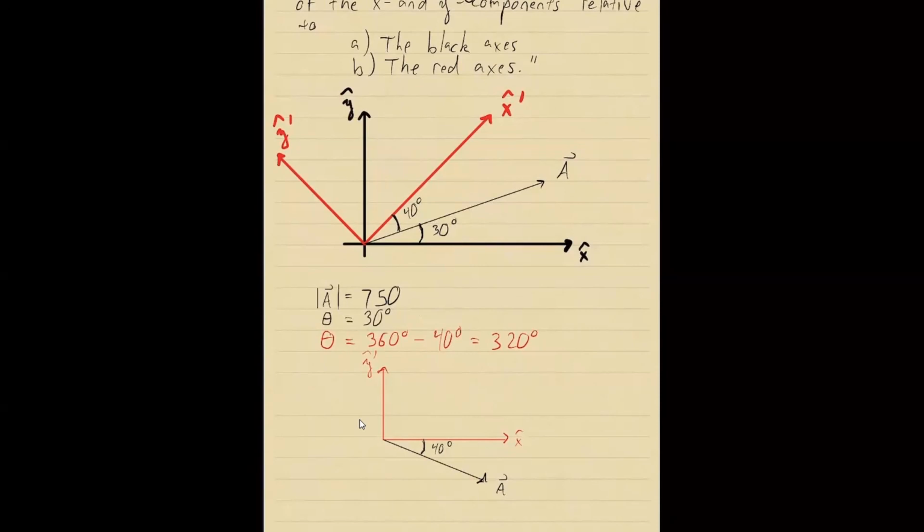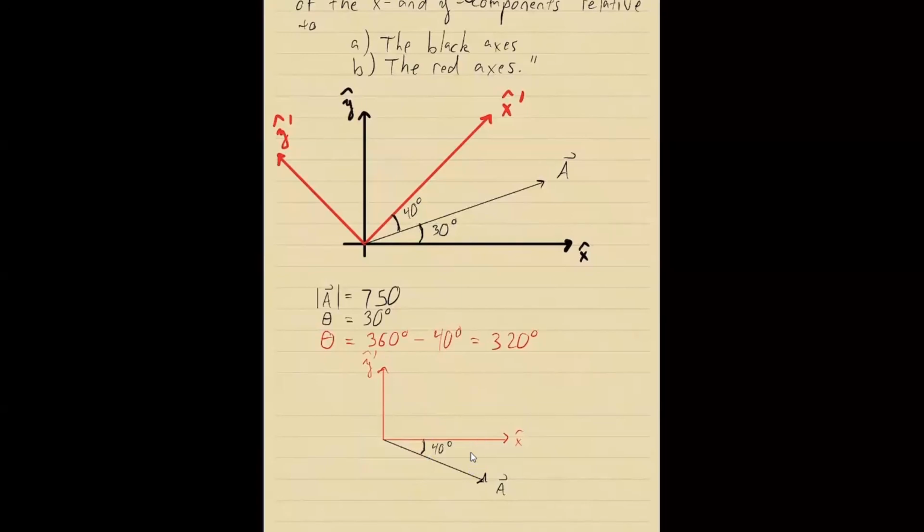The reason I bring this up is because we can count our vector A as being 320 degrees if we go counterclockwise, counting up positive theta. Or we could start at the x prime axis and go clockwise, where theta is negative, so this is just minus 40 degrees.